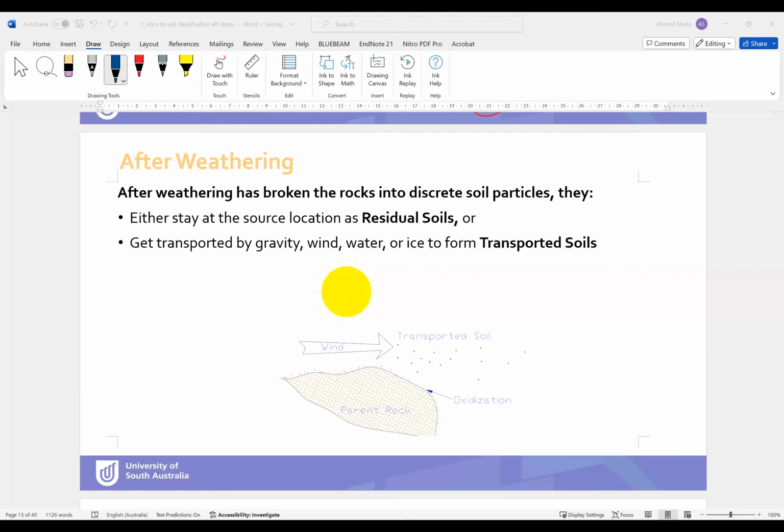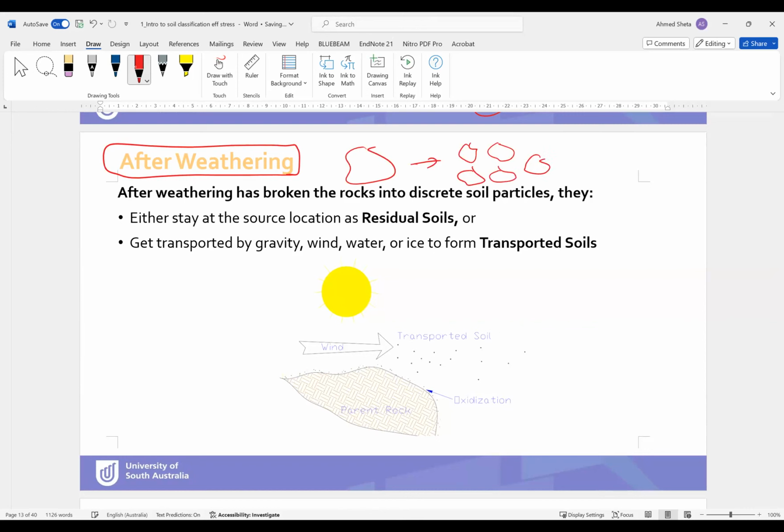Okay, so after weathering, now the rocks are broken down to parts. The next step is after weathering. What happened after weathering or after rock? The big rock becomes smaller particles. So after weathering has broken down the rocks into discrete soil particles, this is called discrete soil particles.